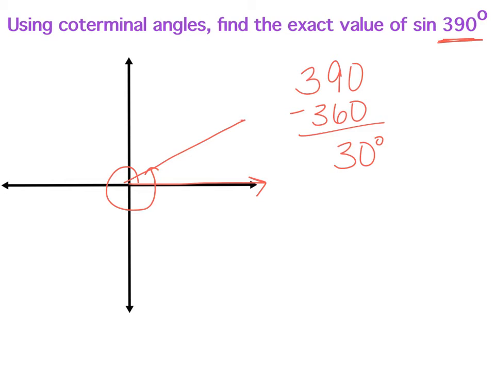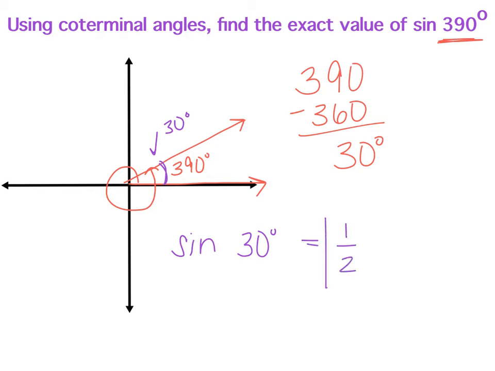I come up again, so that's going to give me 390 degrees. But also know that a coterminal angle that I have here is 30 degrees. And I can use any one of the methods that I know to find the exact value of sine of 30, which is 1/2.